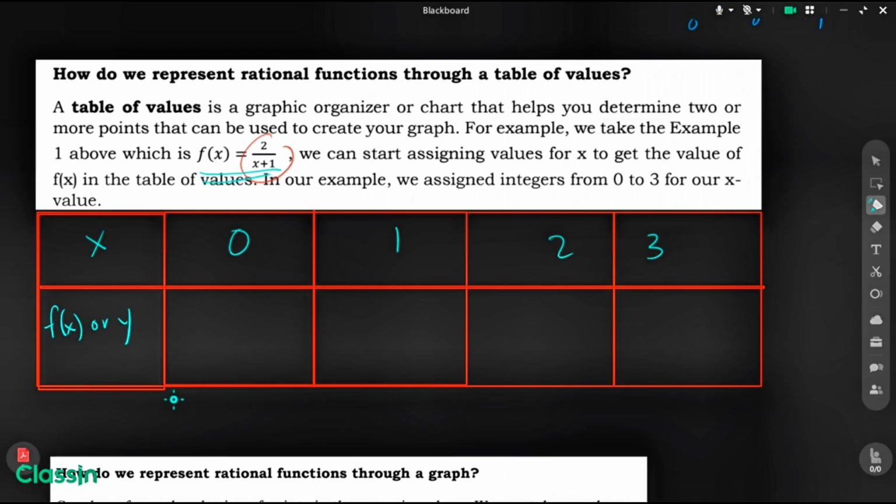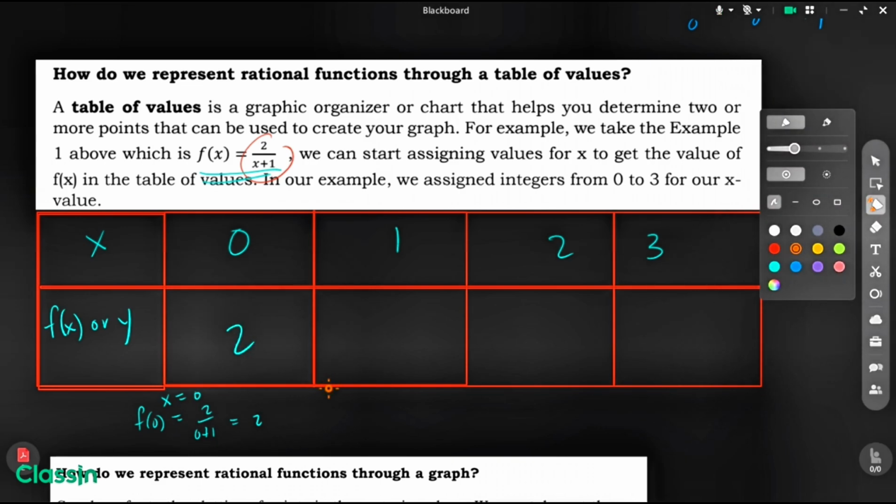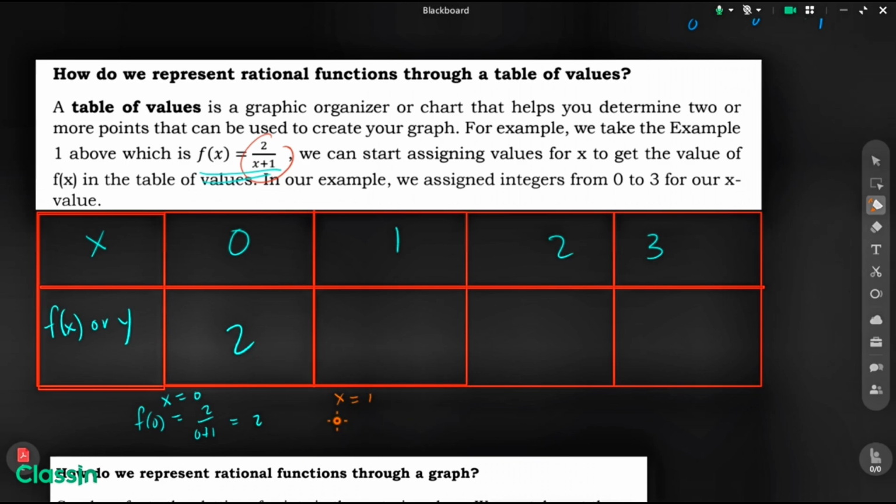So let's have x equal to 0. F of 0 is 2 over 0 plus 1, which is equal to 2. Now, what about x equal to 1? F of 1 is 2 over 1 plus 1, which is 2 over 2, or 1.